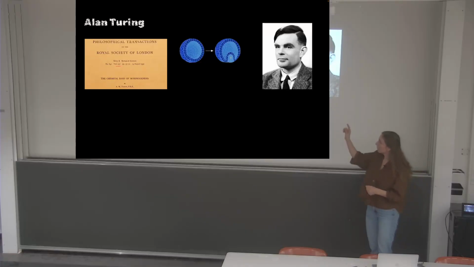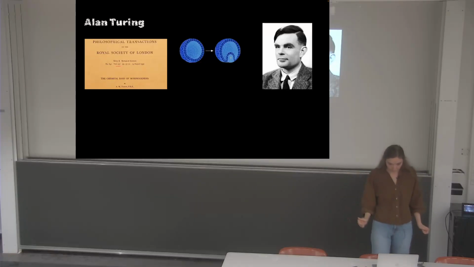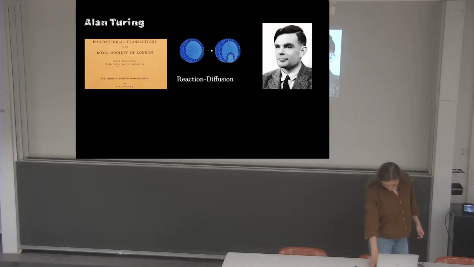So here you see the initial phase of the symmetry breaking. And astonishingly, he was able to explain a part of this phenomenon by a very abstract model called the reaction diffusion model that he suggested for this.